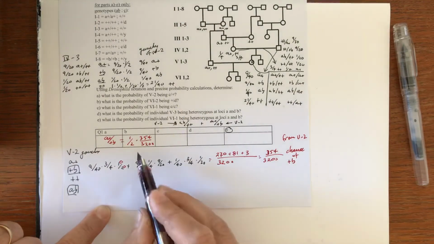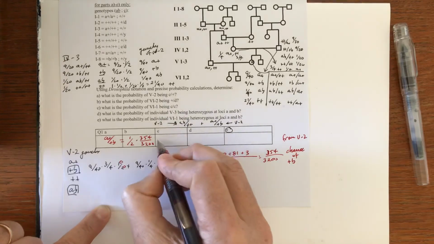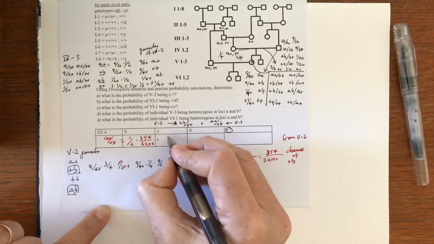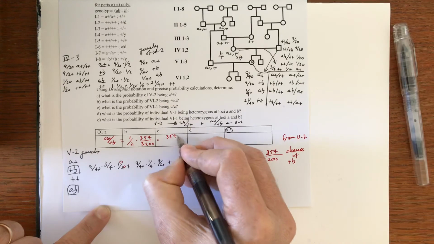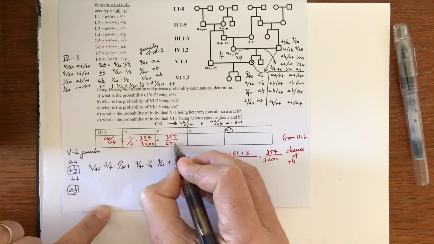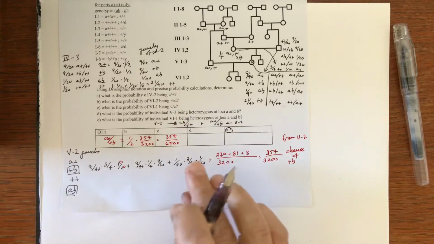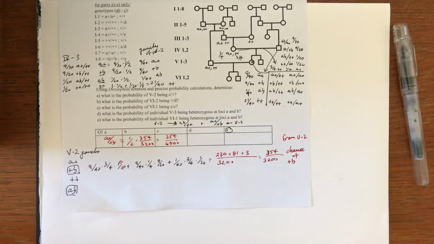I could divide this by 2 or multiply this by 2. I'm going to take the easy way, and say that's 354 over 6400, because we're going to add them together later. That's the calculation.